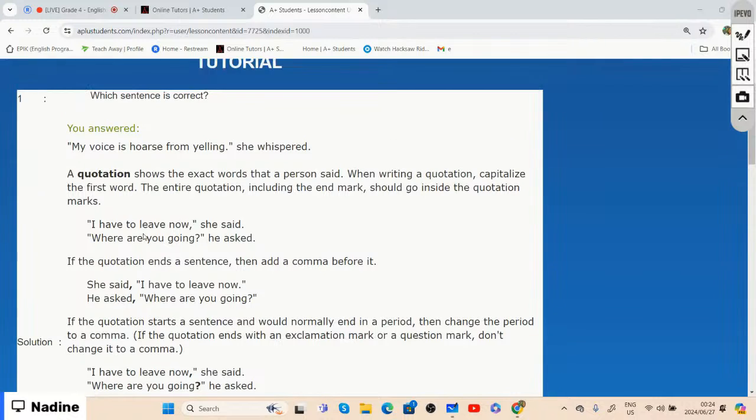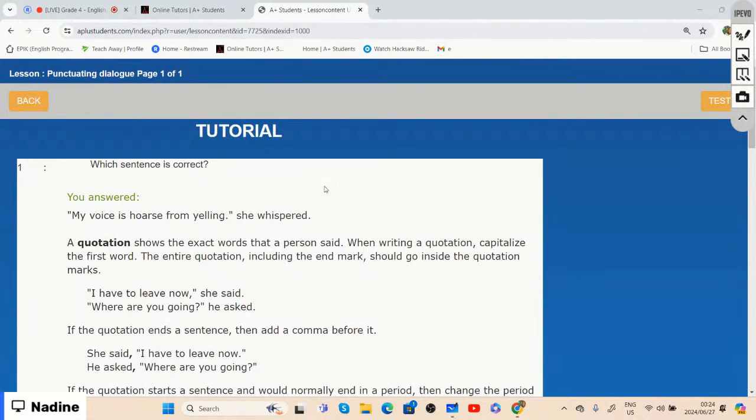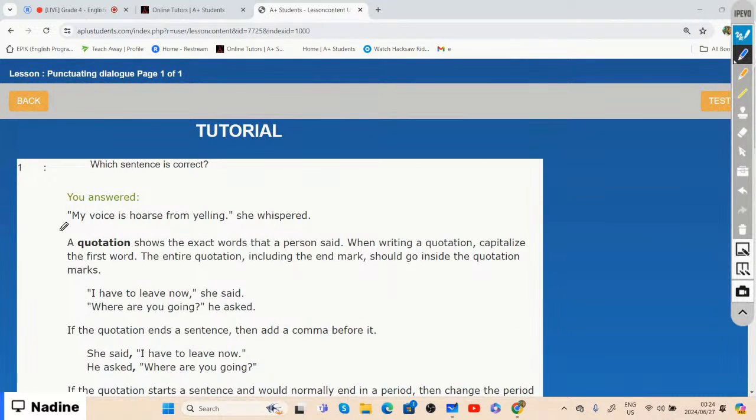If you look at that sentence, wherever we put the punctuation mark, is that correct?